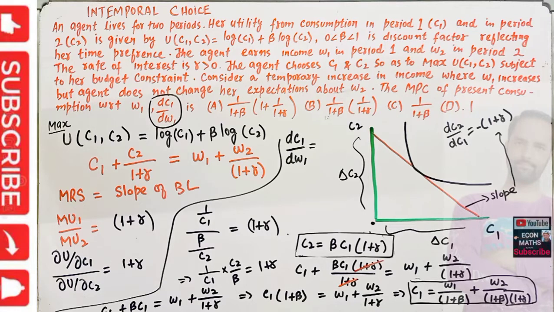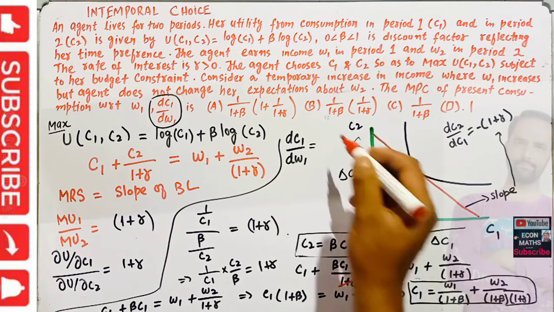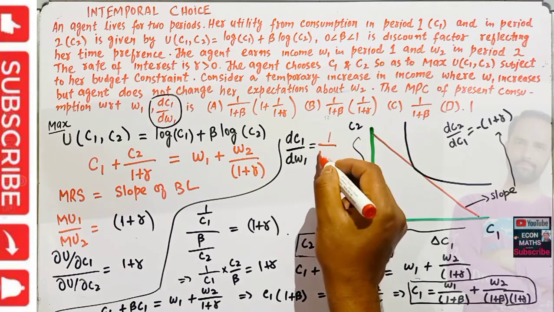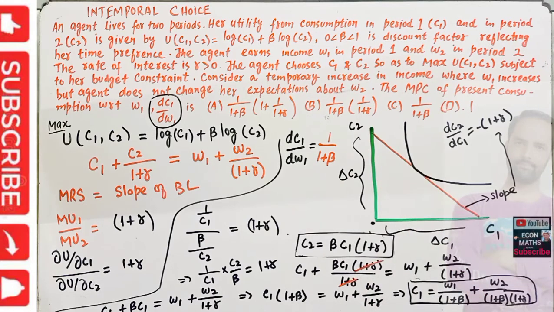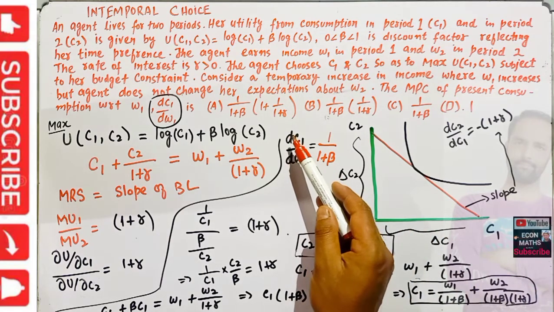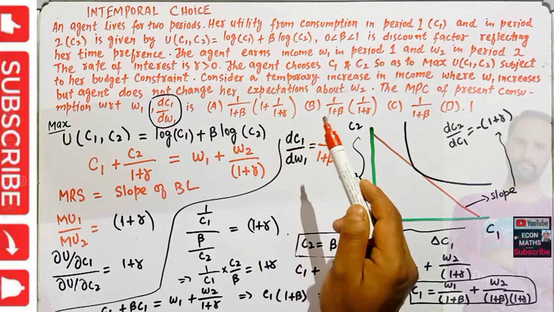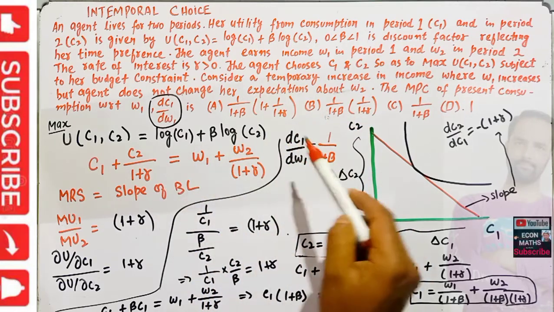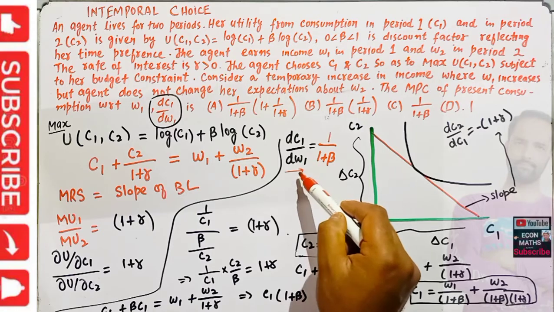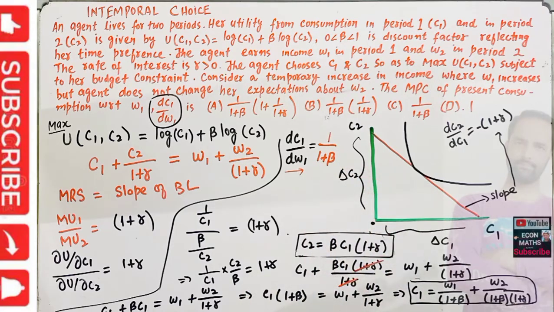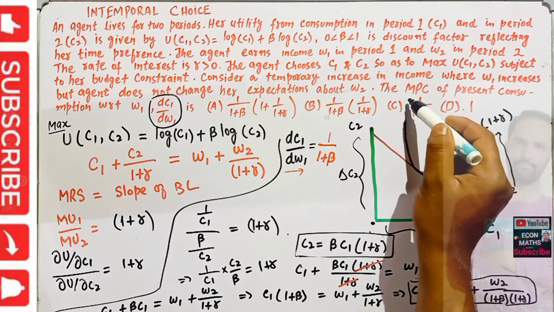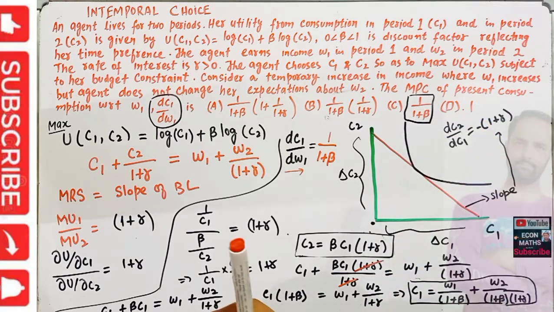Since only the first term has W1, the derivative of W1 is 1, and we are left with 1 upon 1 plus beta. Since no W1 is involved in the second term, its derivative is 0. So we got the marginal propensity to consume of present consumption with respect to income in period 1 equal to 1 upon 1 plus beta. So the correct option should be this, 1 upon 1 plus beta. Thank you.